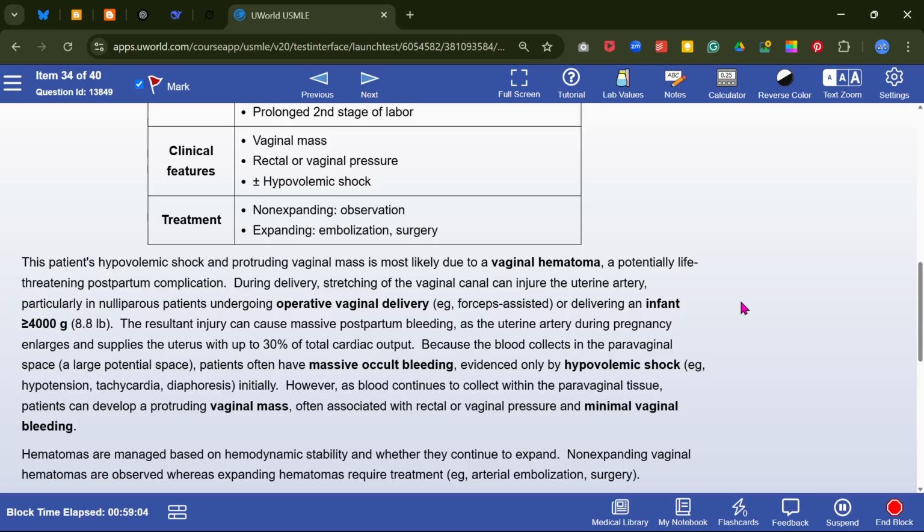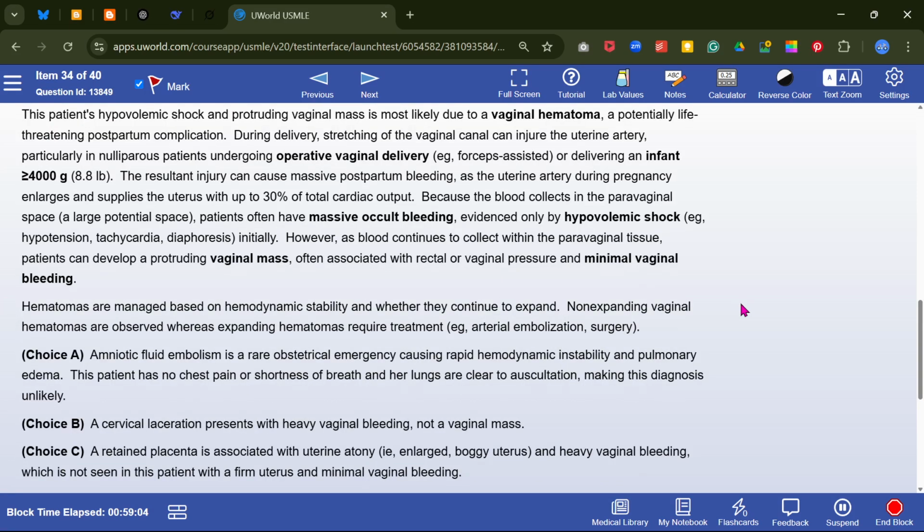Because the blood collects in the paravaginal space, patients often have massive occult bleeding evidenced by hypovolemic shock, hypotension, tachycardia, and diaphoresis initially. However, as blood continues to collect within the paravaginal tissue, the patient can develop a protruding vaginal mass, often associated with rectal or vaginal pressure and minimal vaginal bleeding.